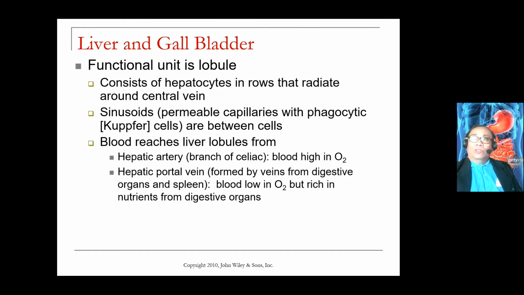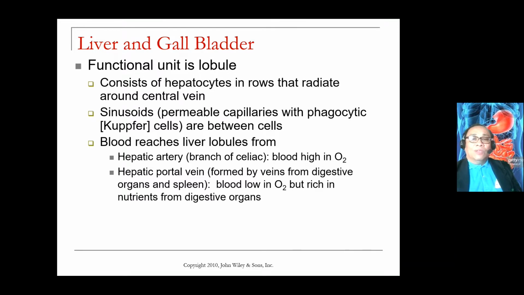So the functional unit of the liver is called the lobule. Kasi nga may mga lobes yan eh. And for each lobe, there is a cluster of lobules. It consists of hepatocytes in rows that radiate around the central vein.